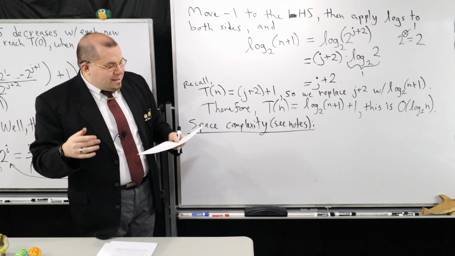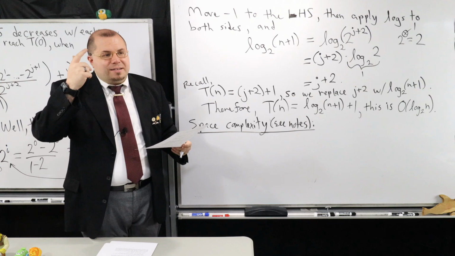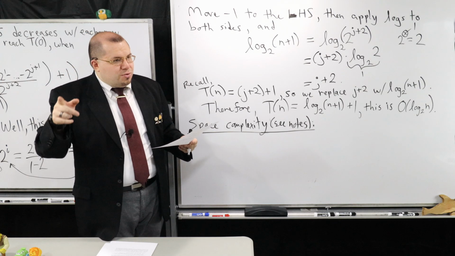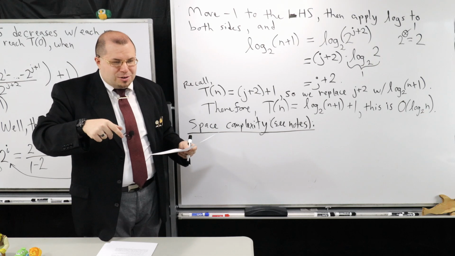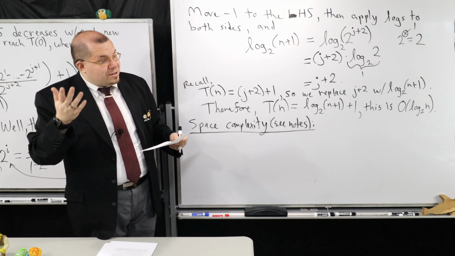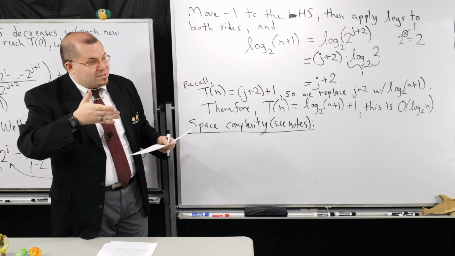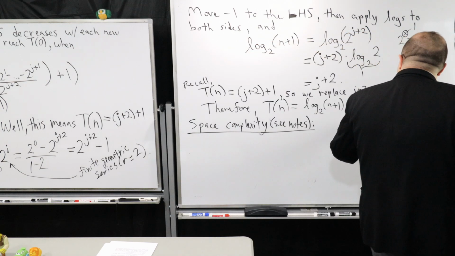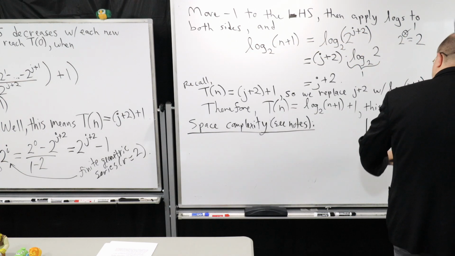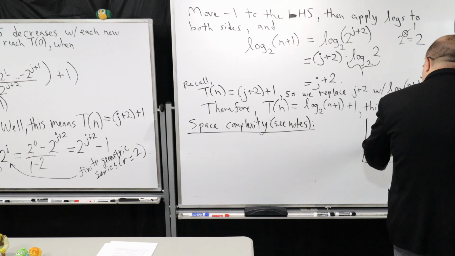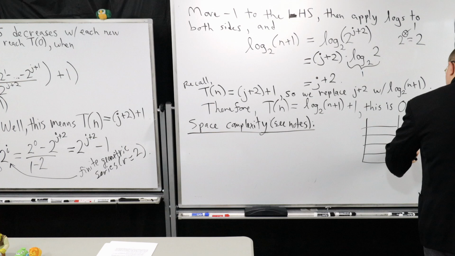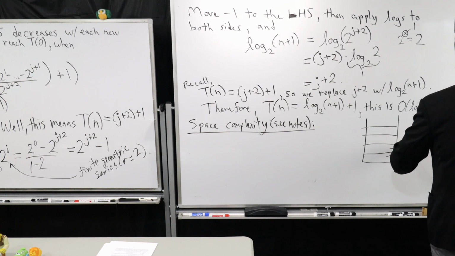If you think about how much space gets used by the algorithm, each time I make a recursive call I create a new activation record. For each one of the recursive calls, some constant number of variables get introduced. So in the recursive version of binary search, each one of the calls uses big O of 1 space.